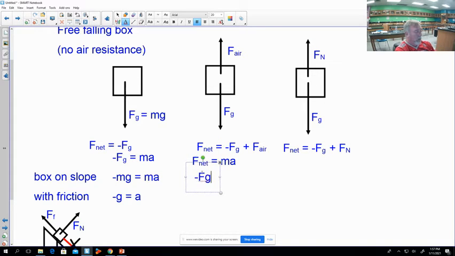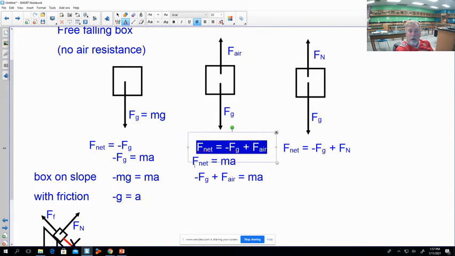Negative Fg plus F air equals ma. All I was doing was putting those two equations together: the one we got from our free body diagram and the one we got from Newton gives us this equation.